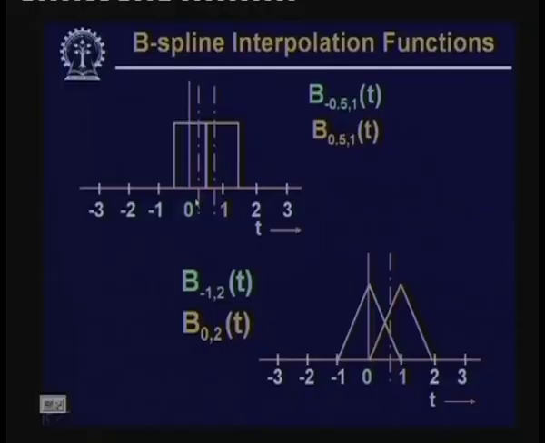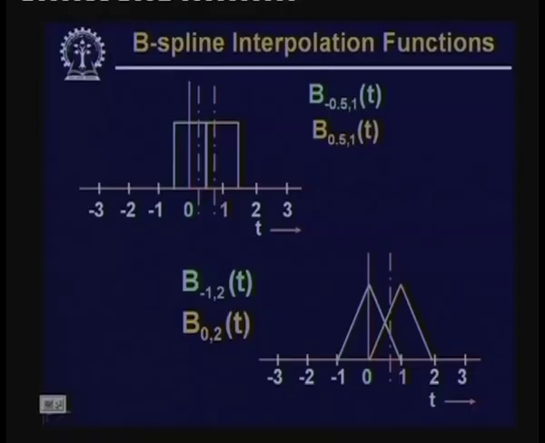So, as I said, for interpolation, when I consider the contribution of p0 to any particular point, along with p0, I will consider the B-spline function to be b_-0.5,1(t) for constant interpolation. So, it appears like this, that for contribution of p0, I consider b_-0.5,1(t).